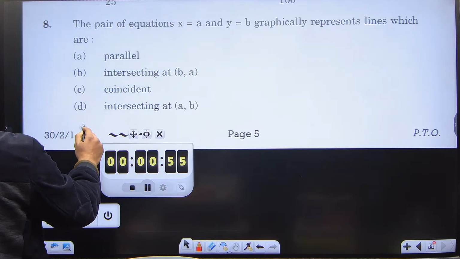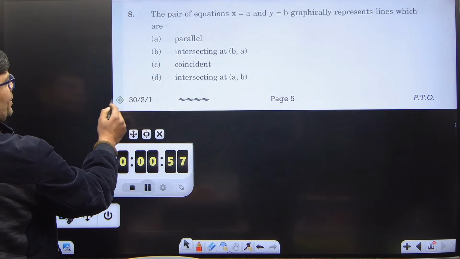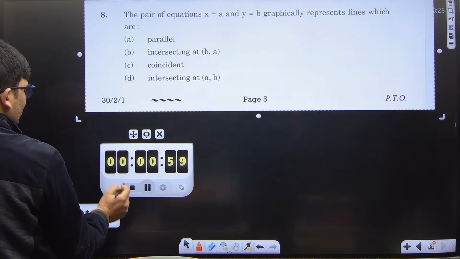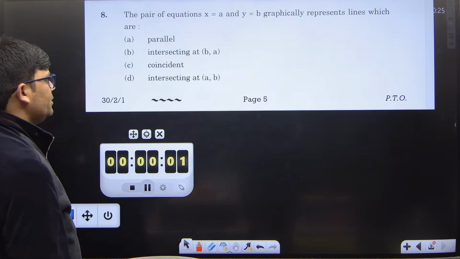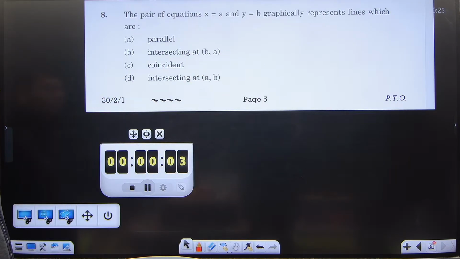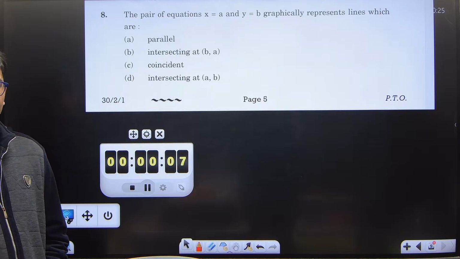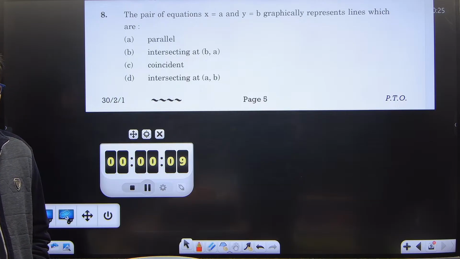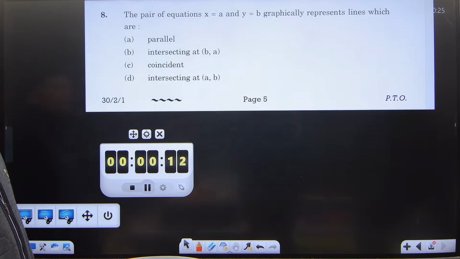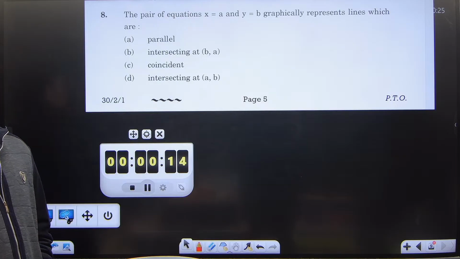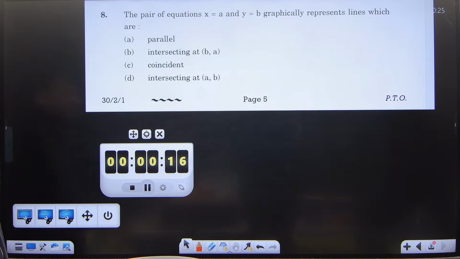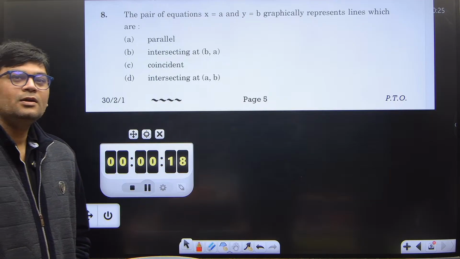The pair of equations x equal to a and y equal to b graphically represents the lines which are? What kind of lines will these be? Parallel? Parallel lines, come on dear. D. Which option?